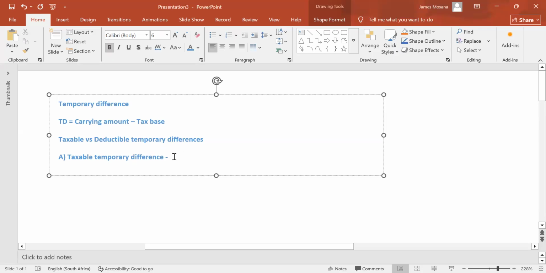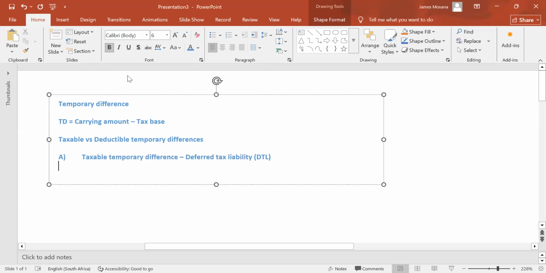When we are talking about taxable temporary differences, they are going to result in a deferred tax liability.